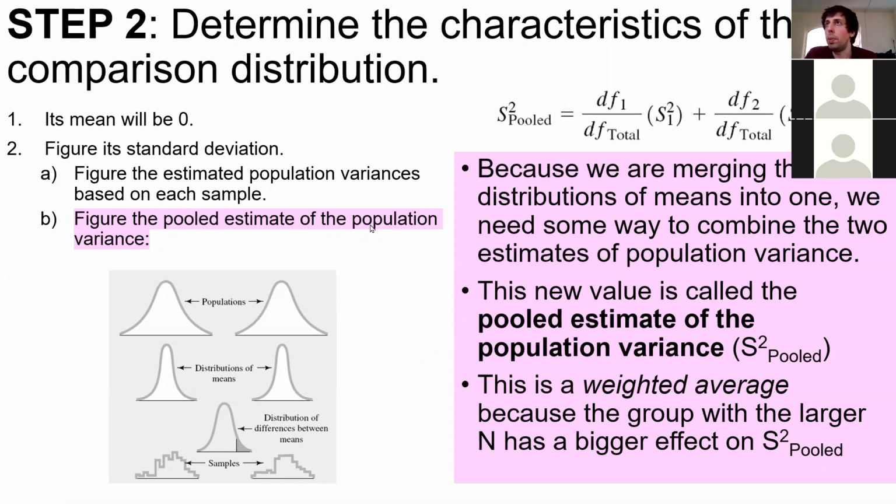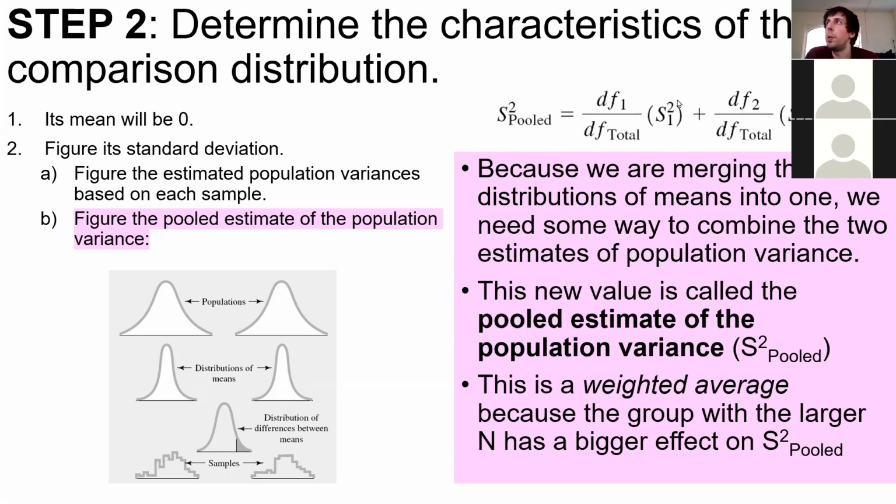And to calculate the pooled estimate of the population variance, there is this equation up here. It might look like there's a lot of terms to deal with, but there are only really 4 terms that you have to know. Degrees of freedom for population 1, df subscript 1, df subscript 2, which is the degrees of freedom for population 2.